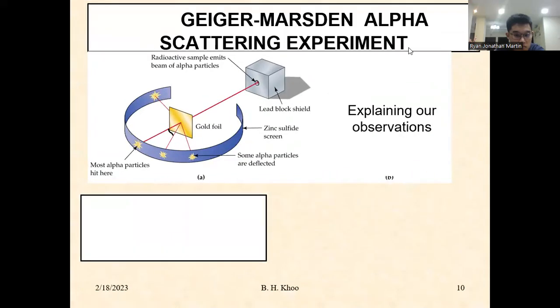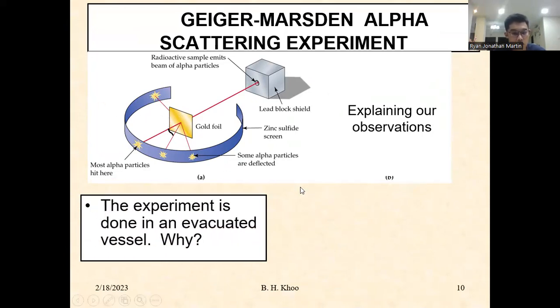First thing you need to know is the Geiger-Marsden scattering experiment. That's your source of alpha material. This is your zinc sulfide screen. The idea is if the alpha hits the screen, you'll see a scintillation, a tiny spark. And then this is your gold foil. The experiment is done in an evacuated vessel.